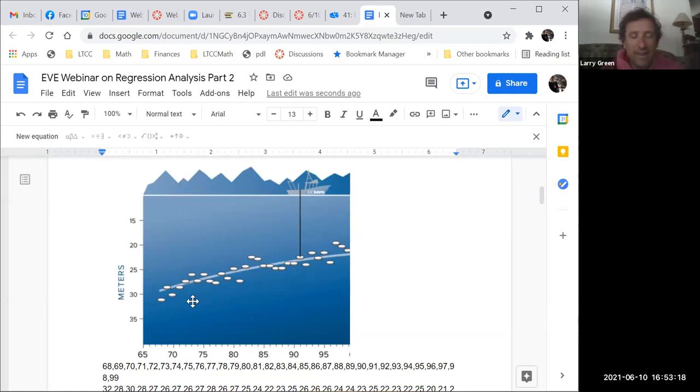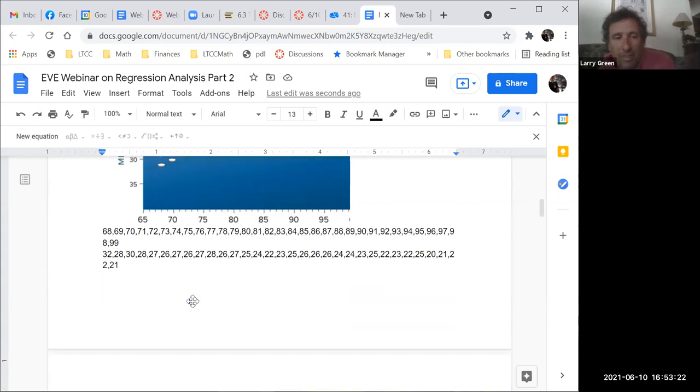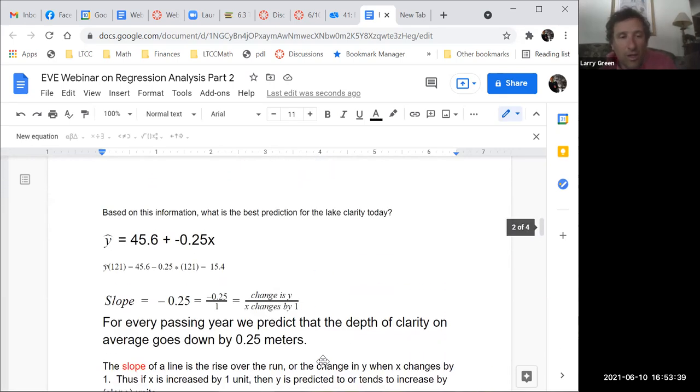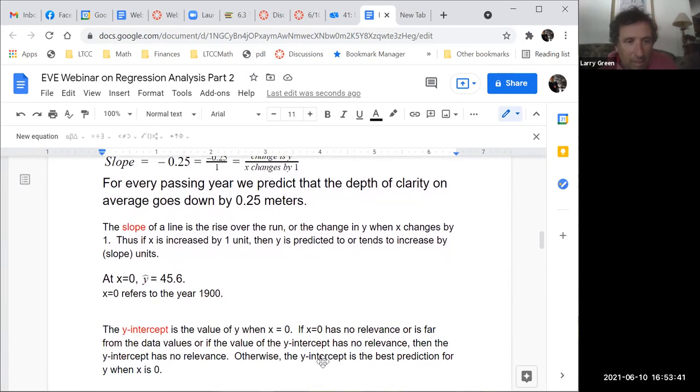And they decided to do it this way because it visually worked well. If they let x equals 0 be the year 0, it would look very different, actually. Because then this 65 would say 1965. This 95 would say 1995. And then x equals 0 would be the year 0, which is ridiculously a long time ago. But we can talk about 1900.